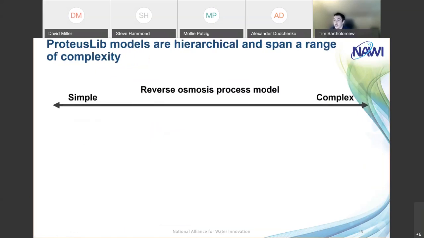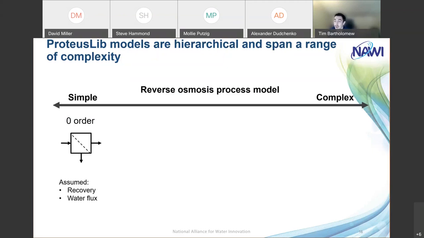But I also want to place the context of ProteusLib within NAWI on this spectrum of models ranging from simple to complex. Within ProteusLib, we'll have a range of hierarchy, but just to do a little even broader reach. At the simplest, a zero-order model doesn't predict performance.